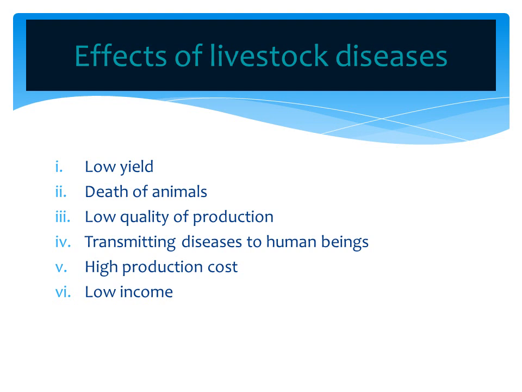Lastly, it is low income. Candidates, low income to the farmer is due to low yields and high cost of production. For instance, a farmer has bought feeds worth 80,000. Those feeds, the animal is going to be fed for the whole month, whereby the farmer is expecting to have good yield.